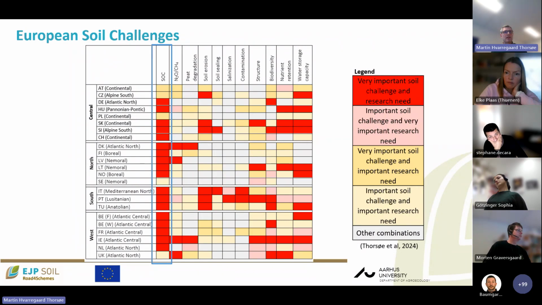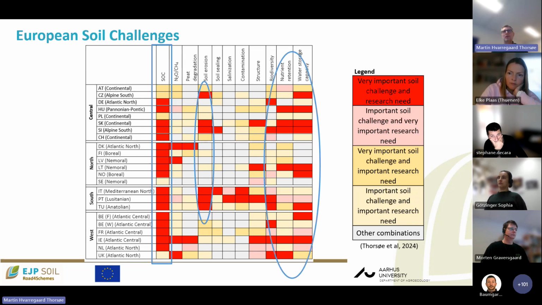So it's a super important area of focus when we have asked stakeholders. This is a combination of more than 800 stakeholders across Europe. And aside from that, there are a few other aspects that are super important in some regions, for instance, erosion, biodiversity loss, nutrient retention, and water storage capacity. But the loss of soil organic matter is a big issue all across Europe.